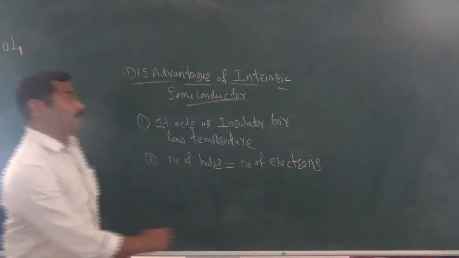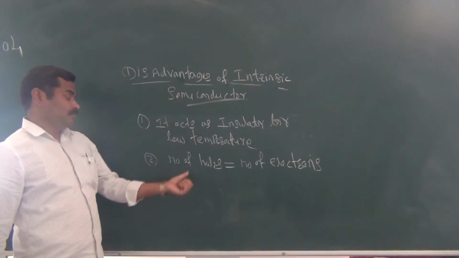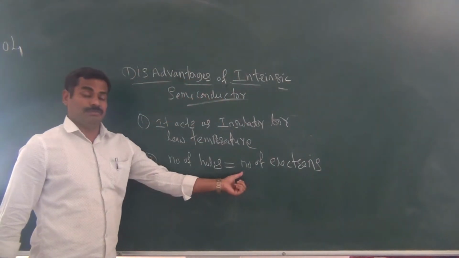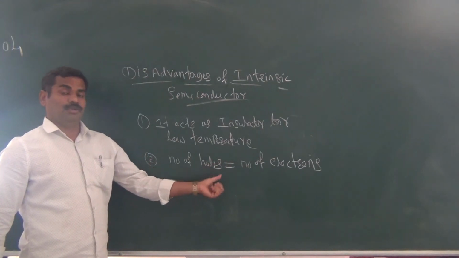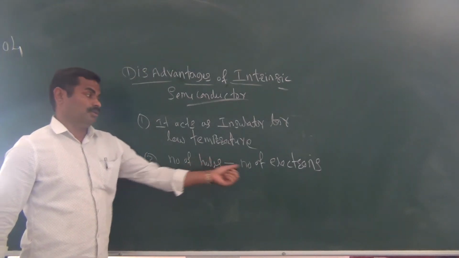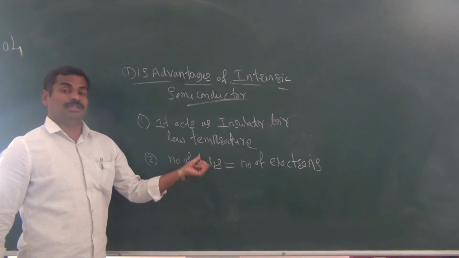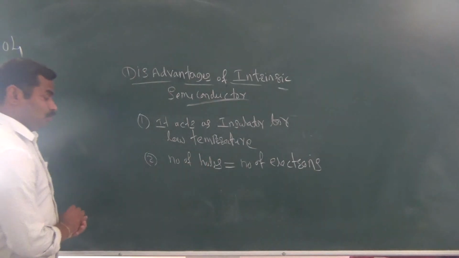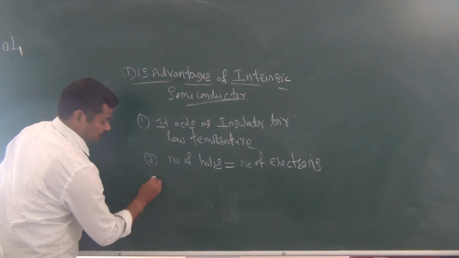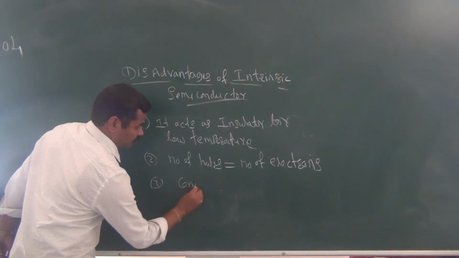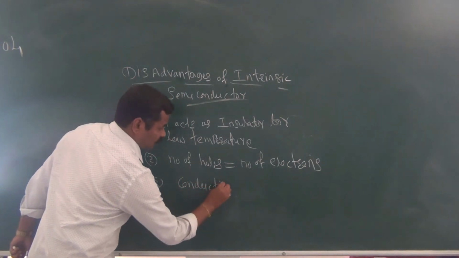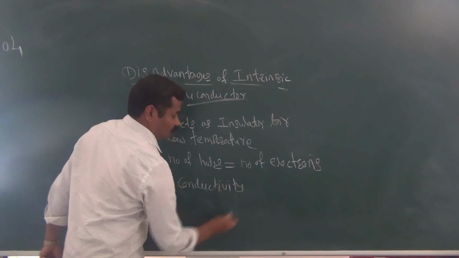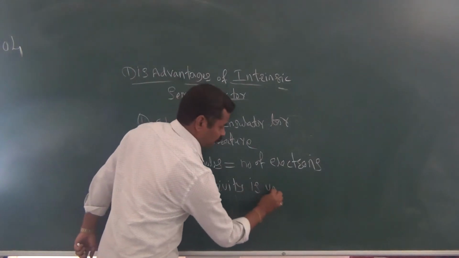This is also one drawback of the intrinsic semiconductor. The number of holes and the number of electrons are the same, because I said whenever breaking the covalent bond, no doubt the electron and hole come in pairs, they are generated in pairs. And the last one: the conductivity is very less.